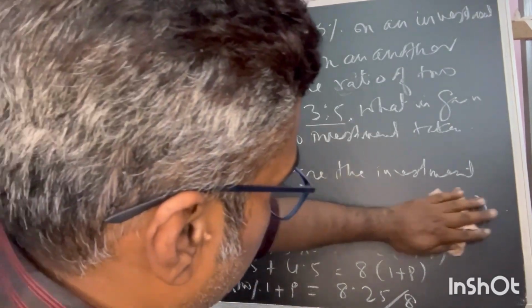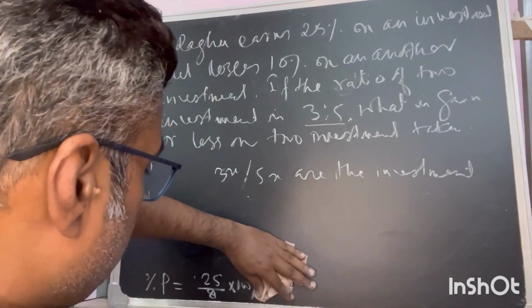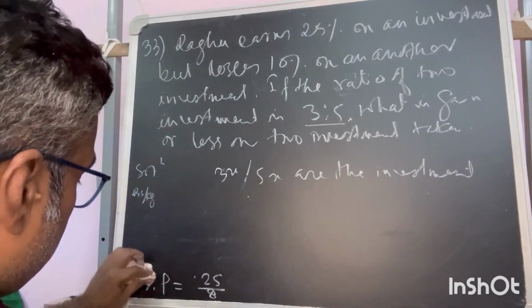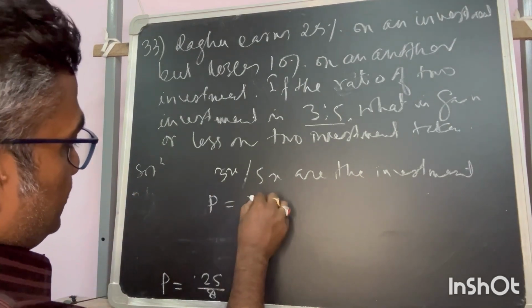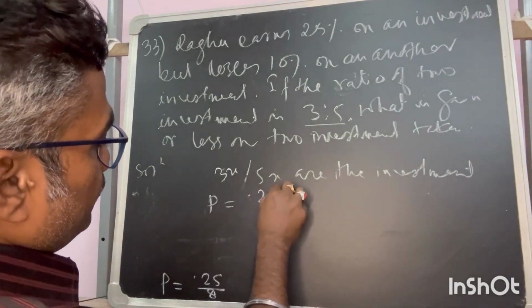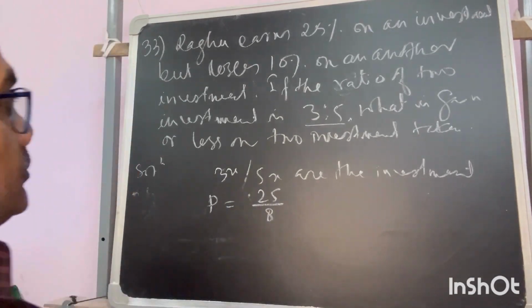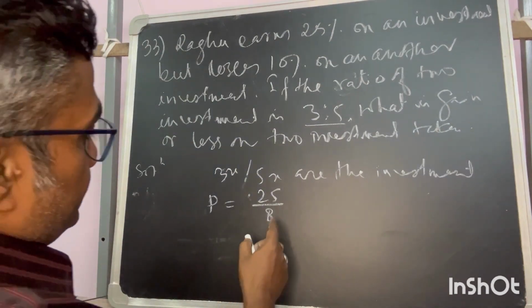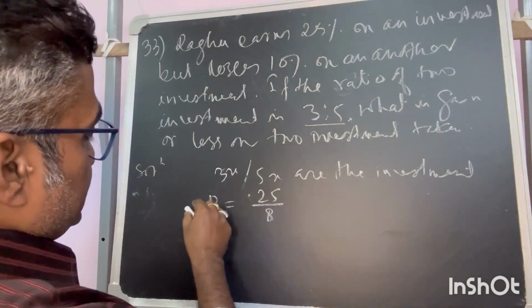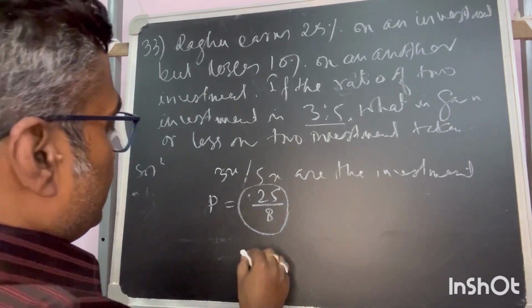I'm not going to calculate this. So P is coming as 0.25 by 8. Fine. So now what is the gain or loss?